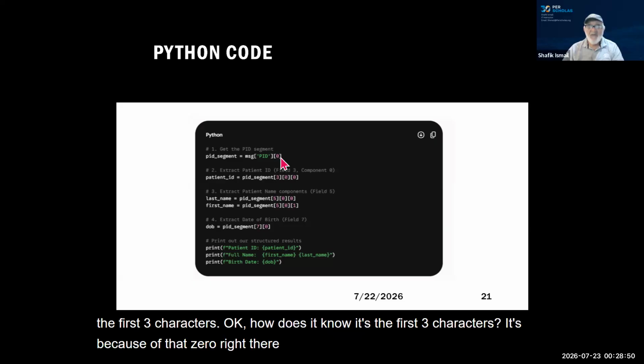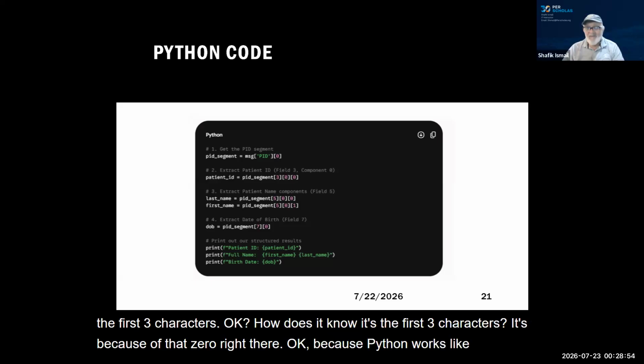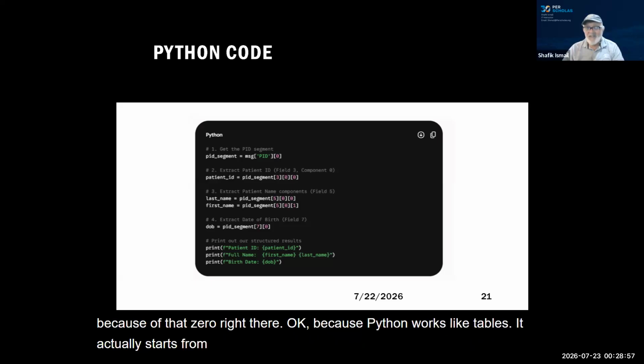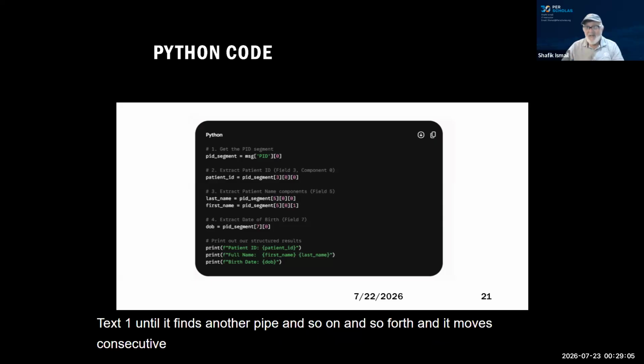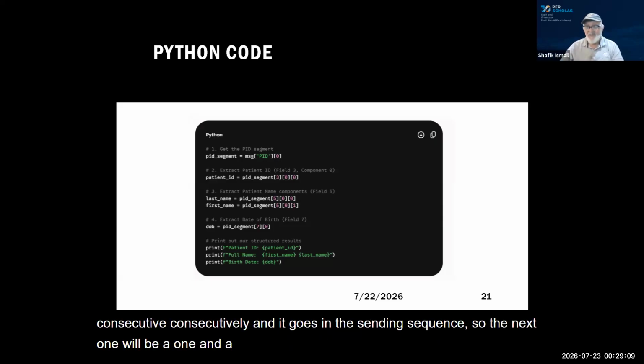Python works like tables, it starts from 0 and then goes on to the next one until it finds another pipe, and so on. It moves consecutively in ascending sequence, so the next one will be a 1 and a 2 and a 3 and so on, every time it finds a pipe.